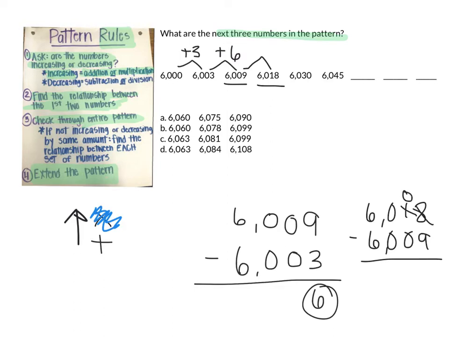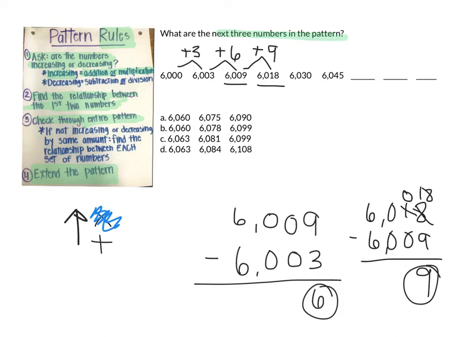We give 10 to 8. 18. 18 minus 9 is 9. 0 minus 0 is 0. 0 minus 0 is 0. And 6 minus 6 is 0. So the difference between 6,009 and 6,018 is 9. So we can say the relationship here is add 9.